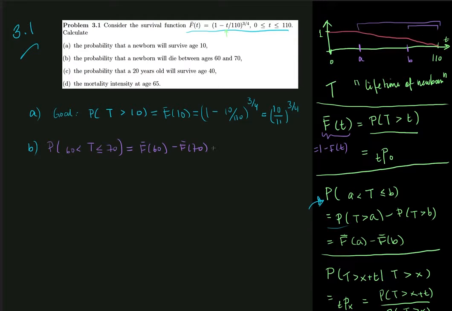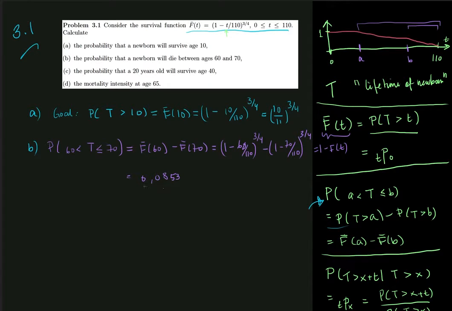Okay, so this is equal to 1 minus 60/110 to the 3/4 minus 1 minus 70/110 to the 3/4. And you can calculate more of this fraction-wise or however you like, or you can also just get the answer off your calculator. It should be somewhere around 0.0853.